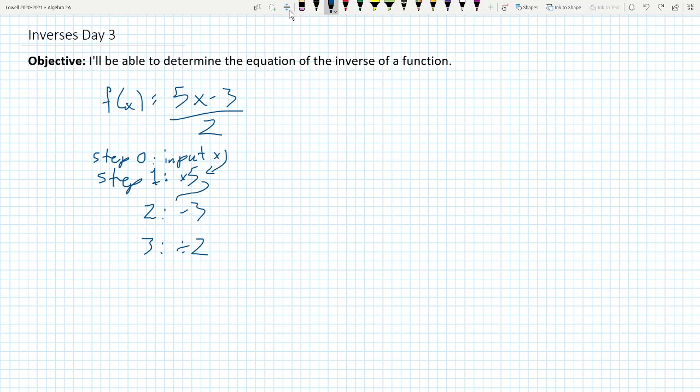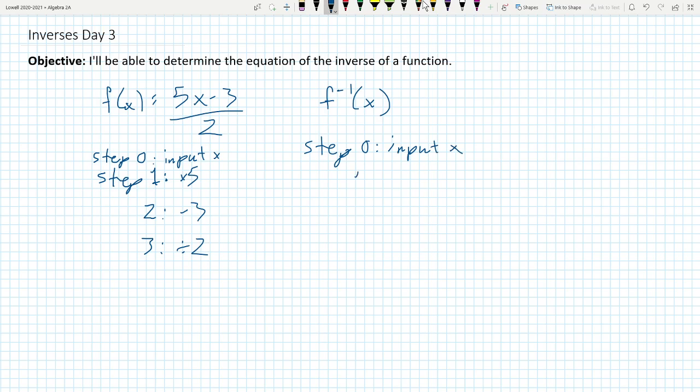Okay, we had talked about, well, if I'm undoing it, the inverse, which we abbreviate f inverse of x. Again, step 1 is you give it some input. So we're still going to call x the input.